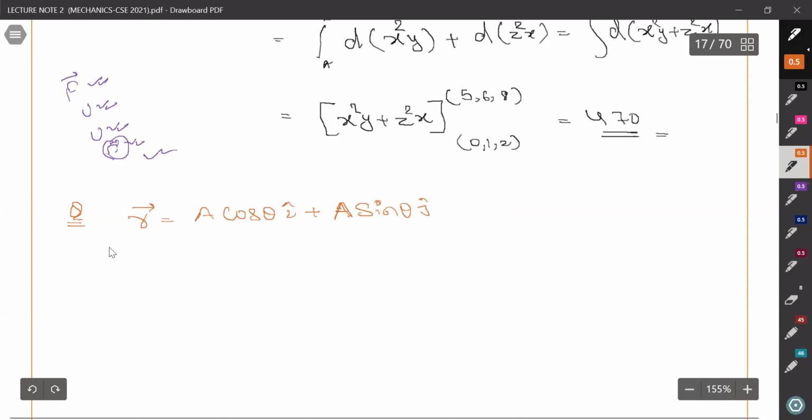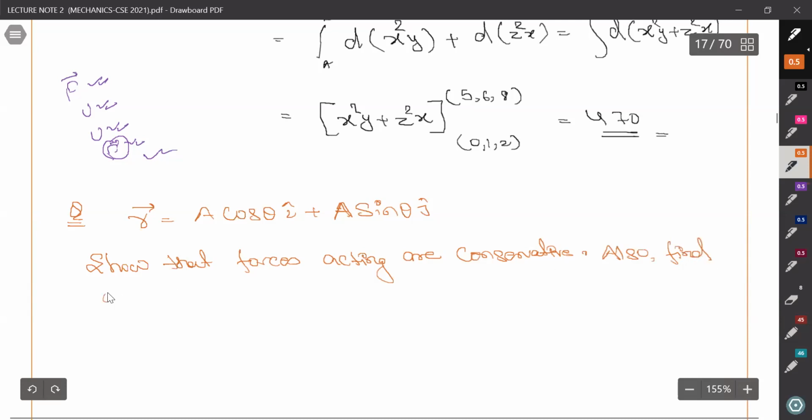Also, here we need to show that the forces acting here are conservative. Also, find out the total energy.